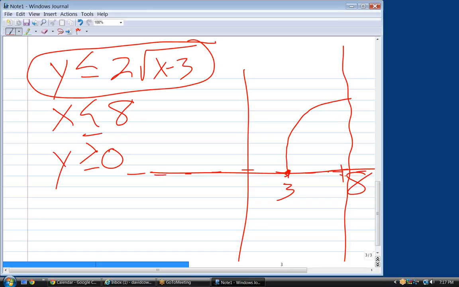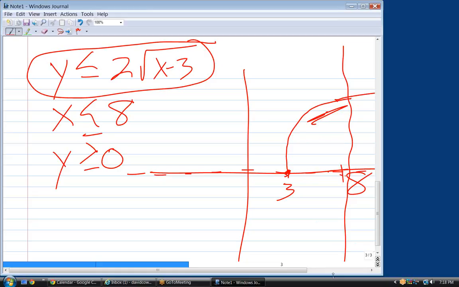And now, y has to be less than that. Well, that's under that curve. Less than that means everywhere under that curve.